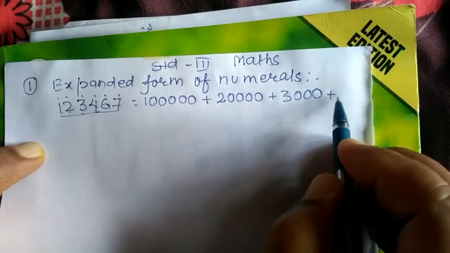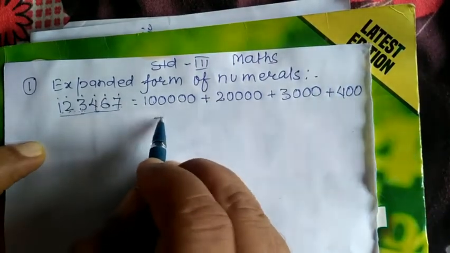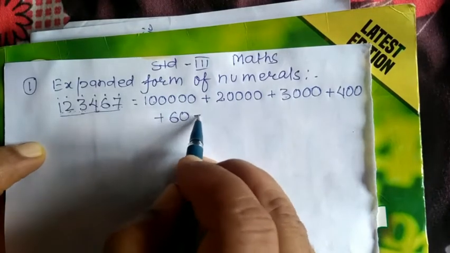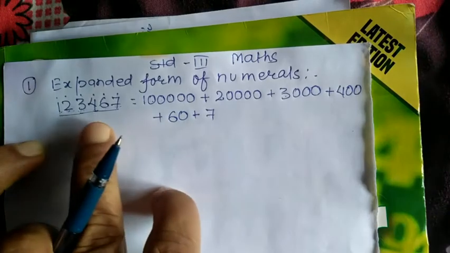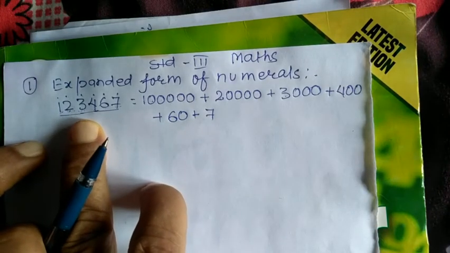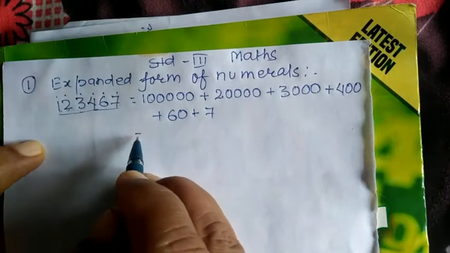Now plus 400, similarly plus 60 plus 7. This is the expanded form of the given number.